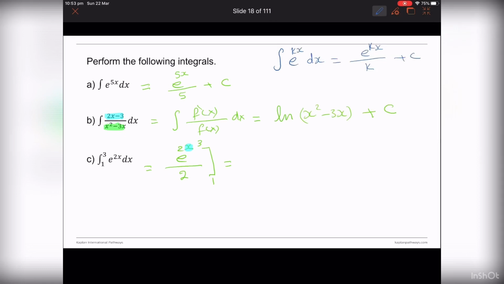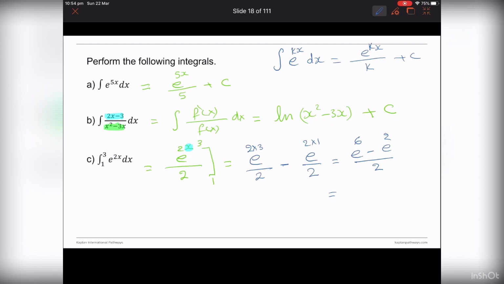So this is going to be e to the power 2 times 3 divided by 2 minus e to the power 2 times 1 divided by 2. And this is going to be e to the power 6 minus e to the power 2 divided by 2. And we'll find the answer. It's something, I'll show you in the slide. I don't remember what the number is.